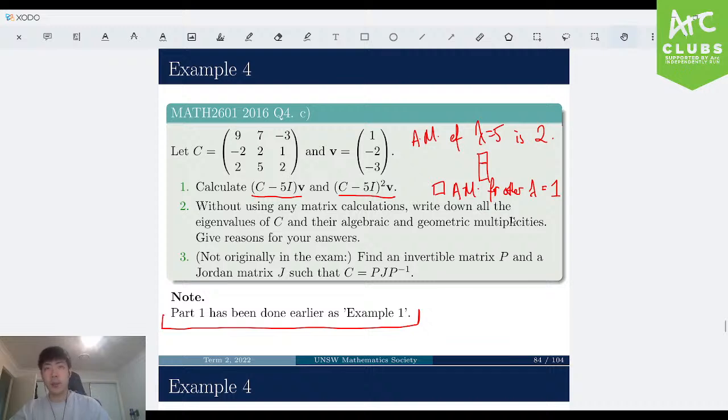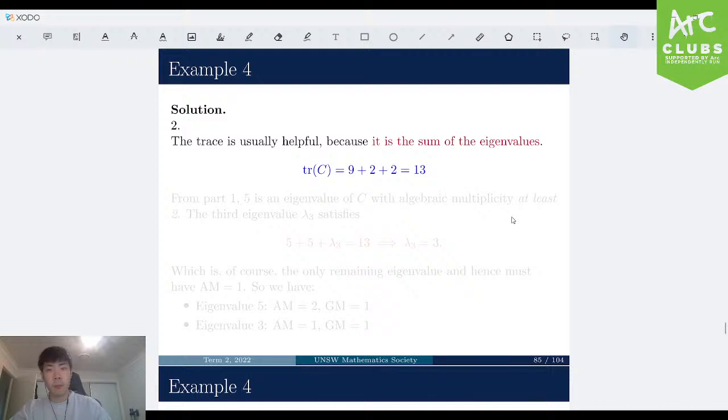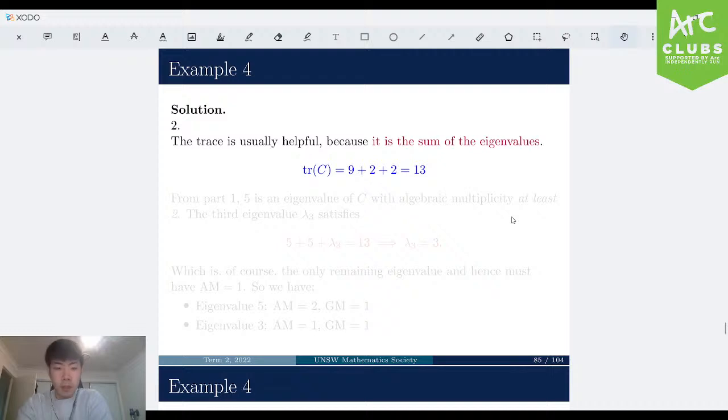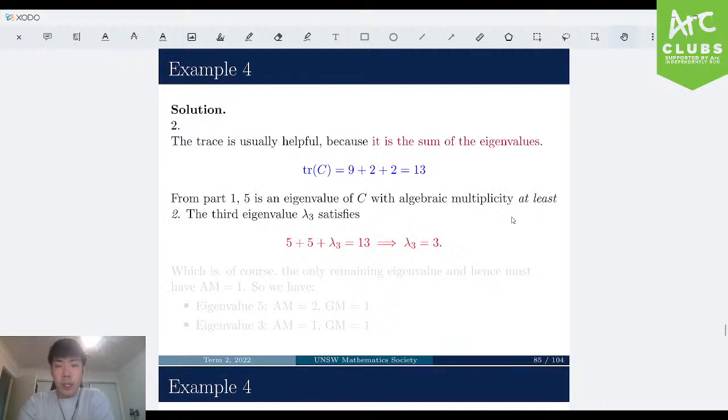I'll now show you the working to this question. Firstly, recall properties regarding trace and determinant. Trace is the same as the sum of the eigenvalues, and determinant is the same as the product of the eigenvalues. In this case, we can make use of the trace, which is 9 plus 2 plus 2, and that's equal to 13. Now from part 1, recall that we know an eigenvalue is 5, and it has an algebraic multiplicity of 2.